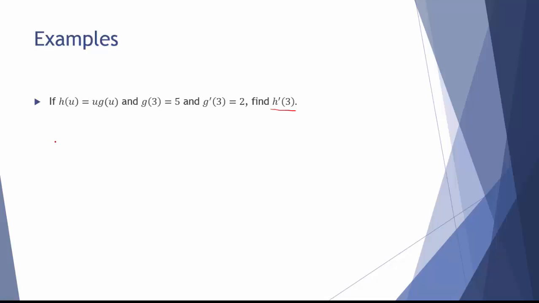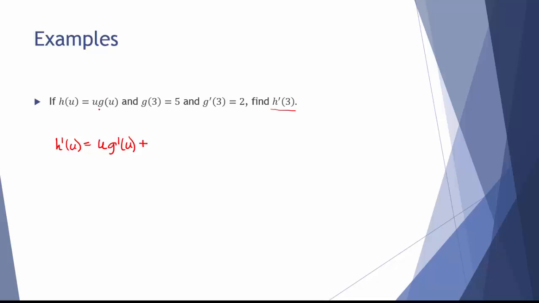So when we go to find the derivative of h, that will be the derivative of h at a general u. I'll worry about the 3 in a minute. The derivative of h at u, we're going to have to use the product rule. We need u times the derivative of g of u. Well, I don't know what g of u is. I didn't define that for you. So the best I have for you is that the derivative of g of u is g prime of u.